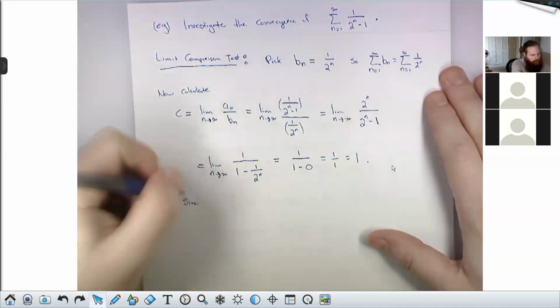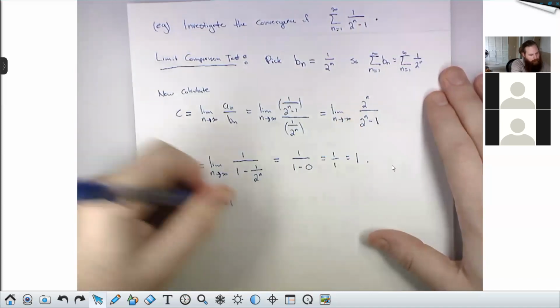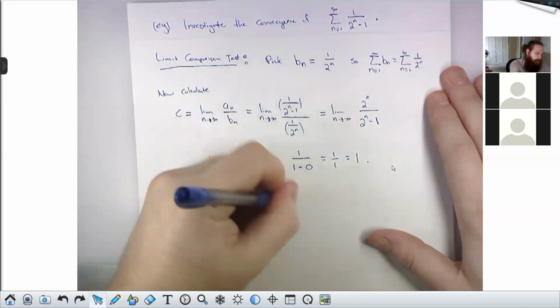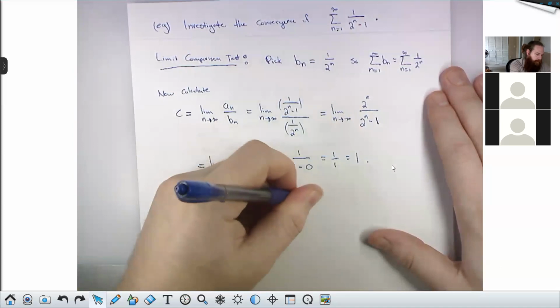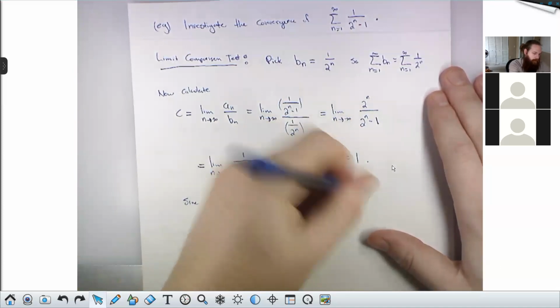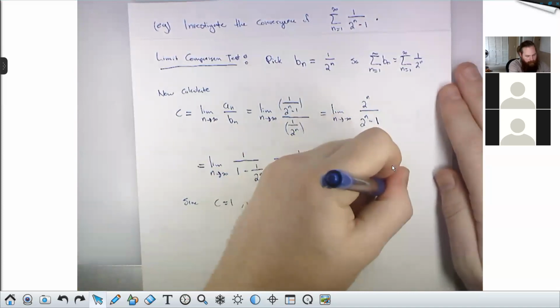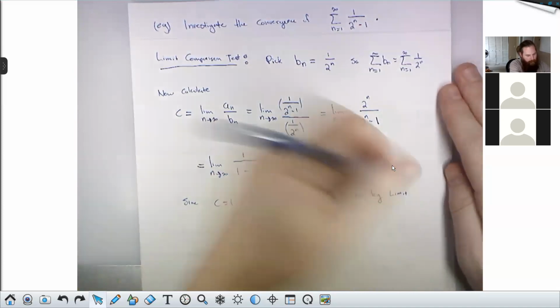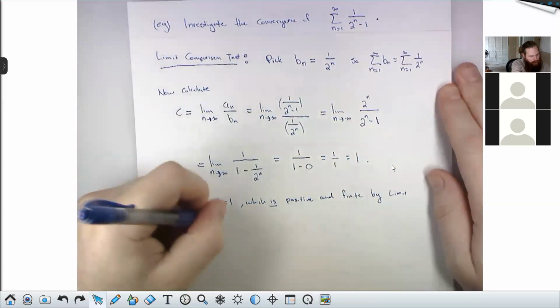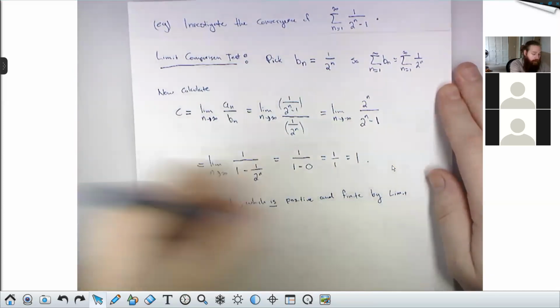Since C is 1, which is positive and finite, by limit comparison test, the two series do the same thing.